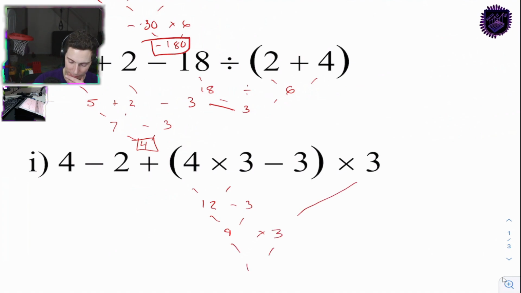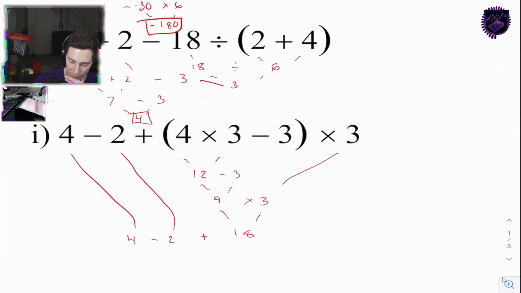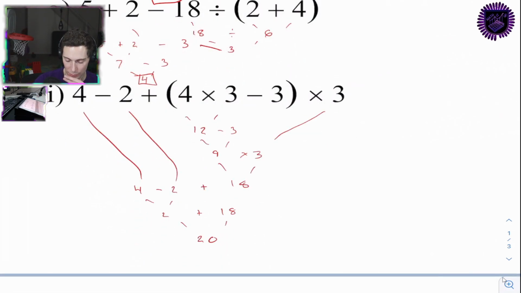It's going to be 18. And then we come down all the way here. And we go 4 minus 2 plus 18. Then finally go these two, and we do 2 plus 18. And finally we get our answer of 20. And that's our answer.